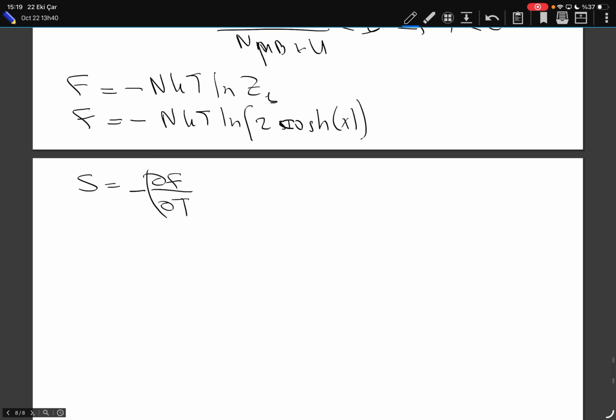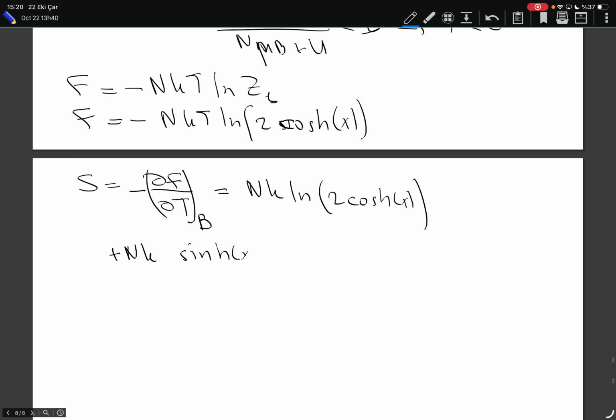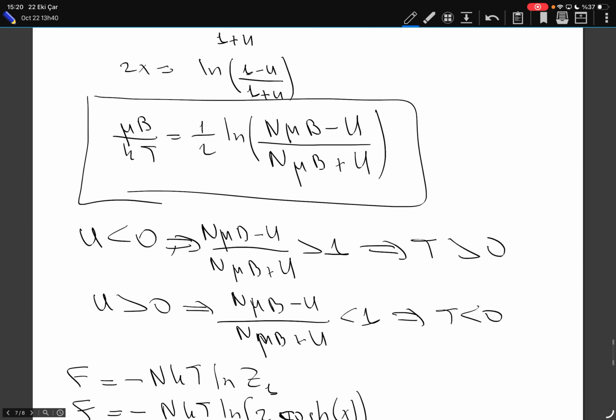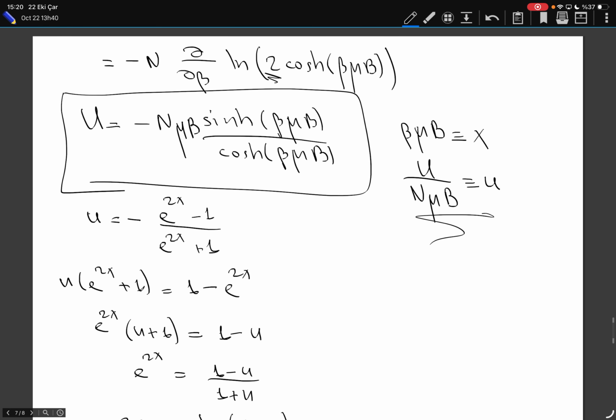Well, I'm not writing it explicitly, but these derivatives are at constant B. There is no volume here, the dipoles are not moving around, so I don't need to write it explicitly. So this will be equal to Nk logarithm of twice cosine hyperbolic x plus Nk times sine hyperbolic x divided by cosine hyperbolic x. This is the entropy of my system. Well, let's see, the U is this one.